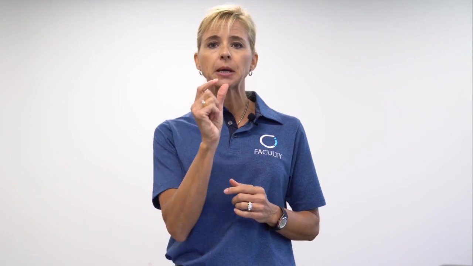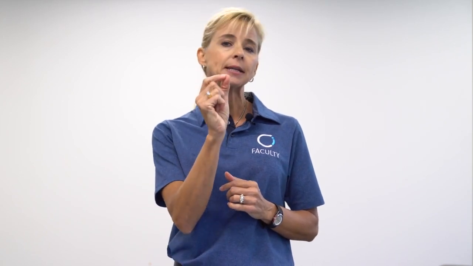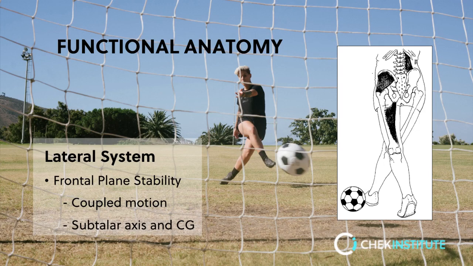And then when someone steps up, we should be able to see that the line on the knee tracks directly over the second toe where the second line is drawn. And that's the subtalar axis and a line of gravity that is optimal for not having issues within the lateral system of the body.